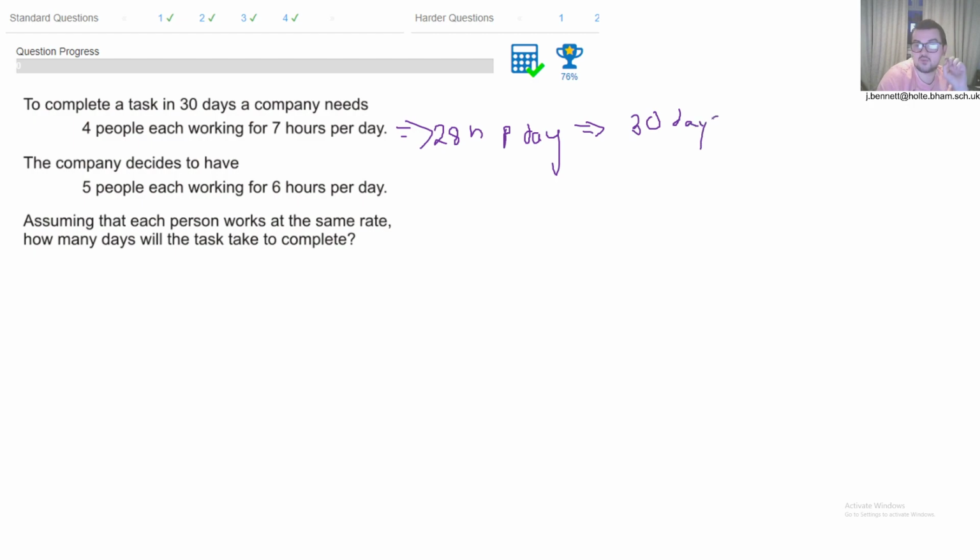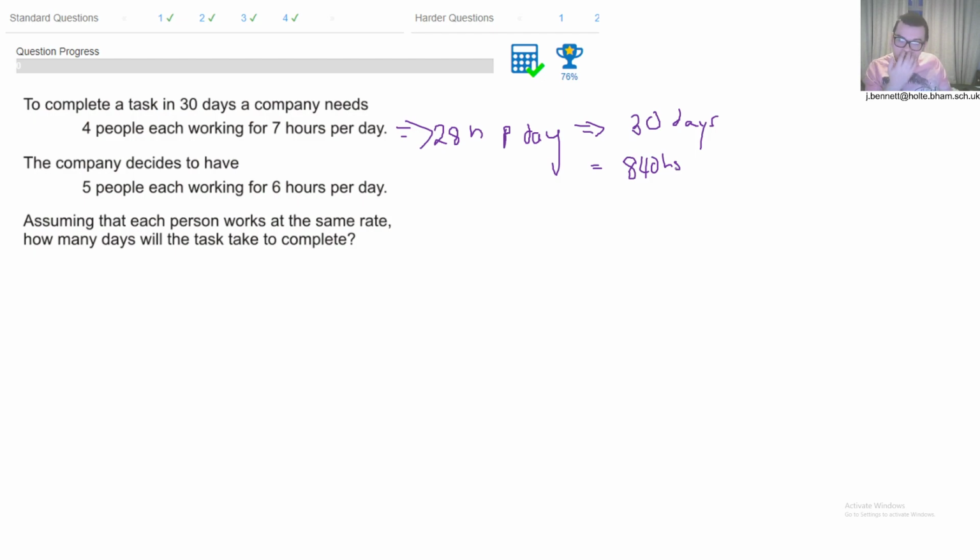Because we can use our calculator, we can work out how many hours it will take. So 4 people working 7 hours a day, that's 28 hours of work done per day. There are 30 days to complete the task, so if we multiply 28 by 30, we see that in the 30 days there are 840 hours of work done.